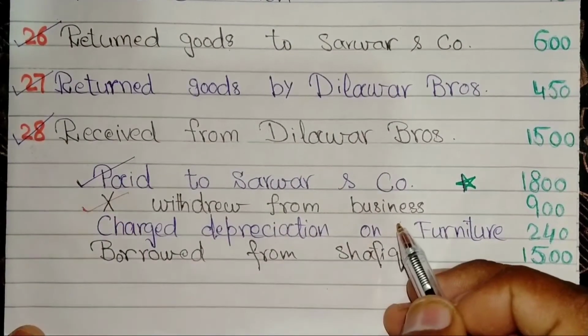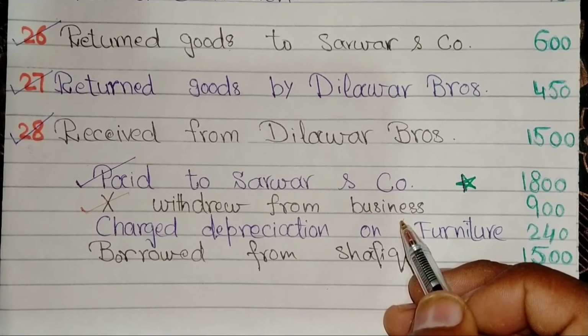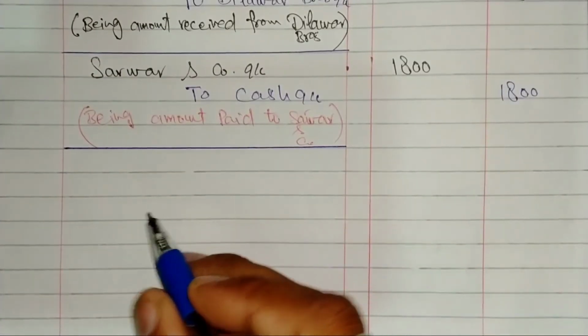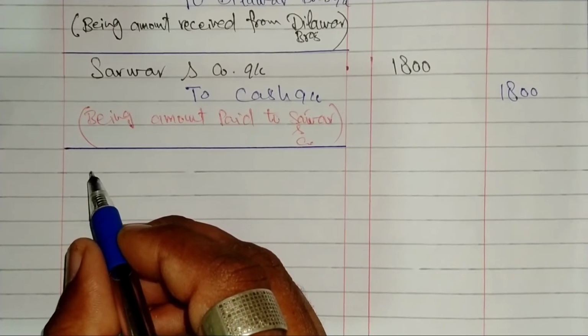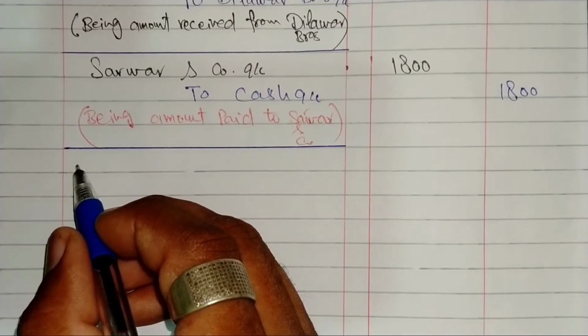Next entry is about business. Any amount or goods withdrawn from business by the owner is also called the drawings. Mr. X withdraws from business amounted $900. So this is not an expense for the business.